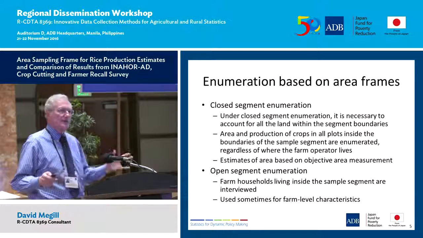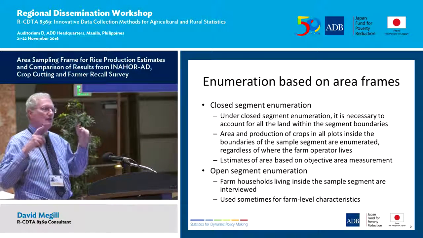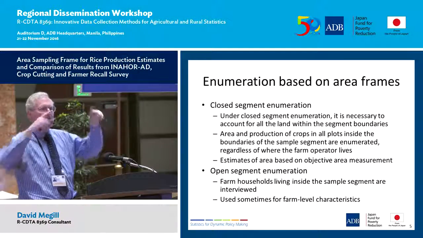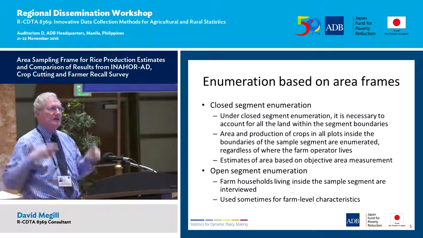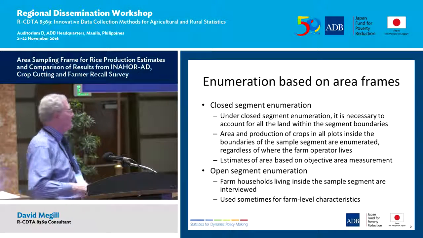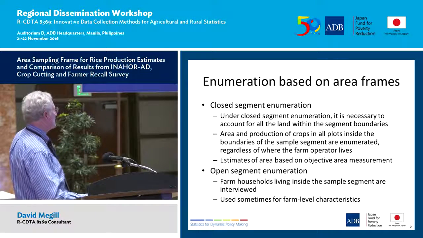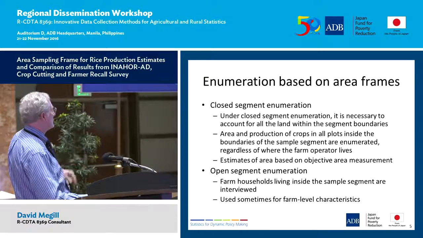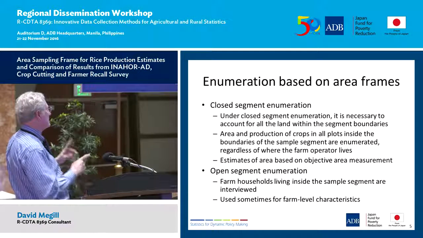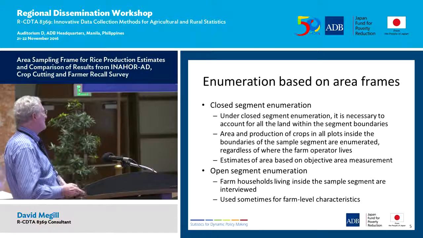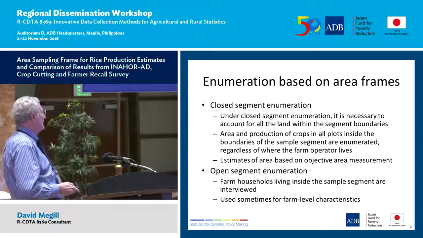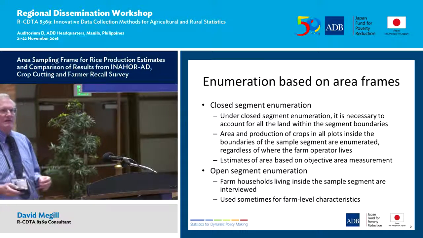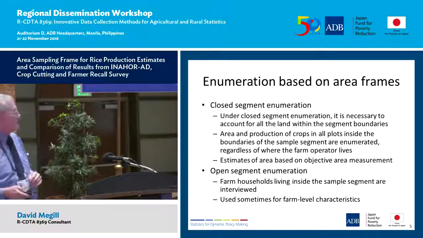In the case of closed segment, you account for all of the land that's within the boundaries of your mesh or sample area. And then the area and production of the crops for all plots inside the boundaries are enumerated regardless of where the farmer actually lives.